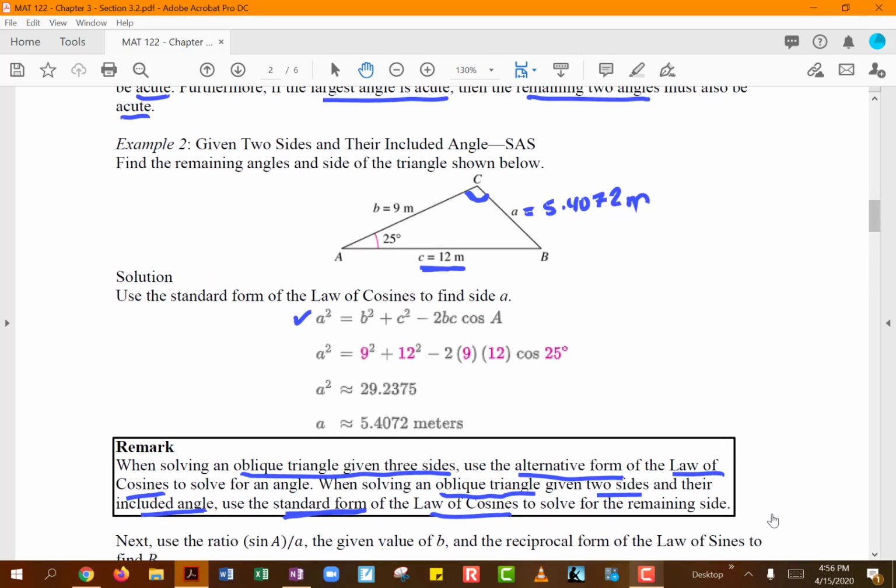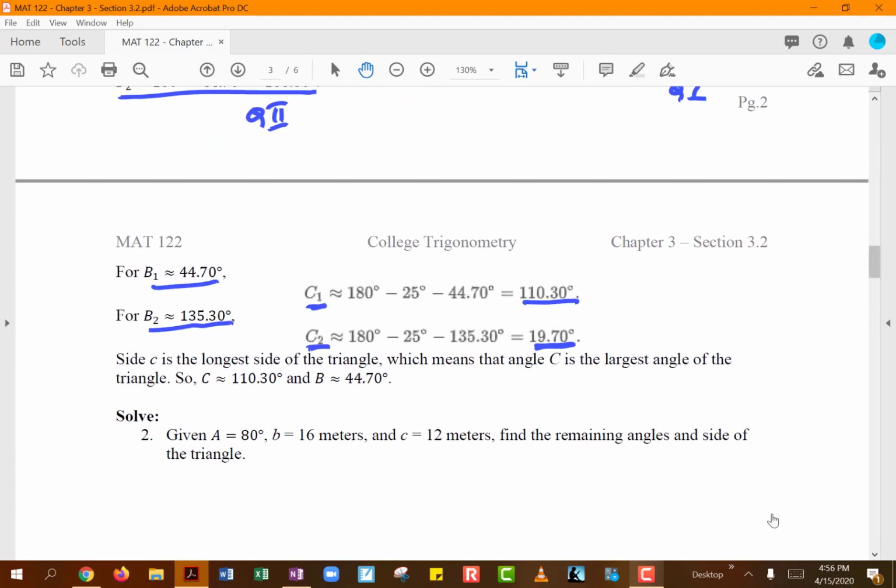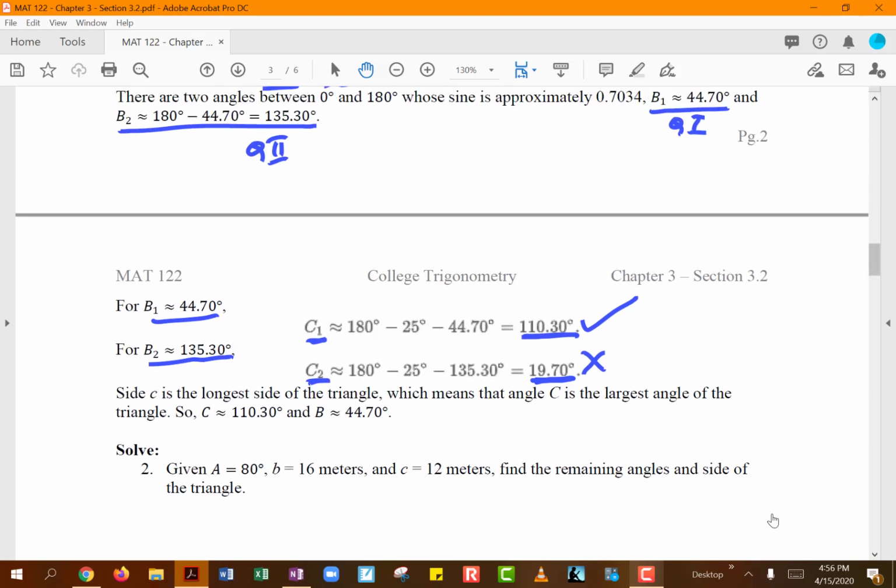So you are going to use the calculations from B1 and C1, because this is where angle C is larger. With the second calculation, C is a very small angle, which means we don't use it. We are going to use this one, and that automatically means for angle B, you are going to be using 44.70.